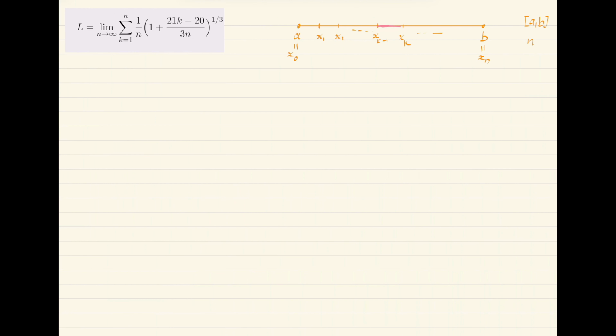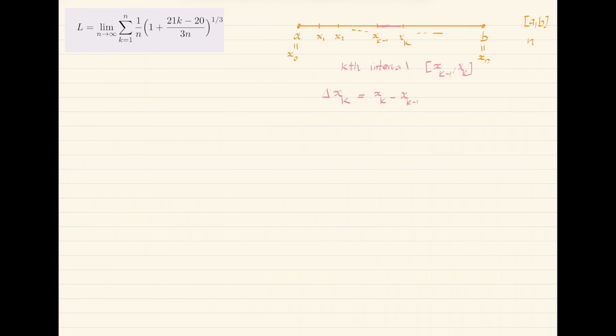So the kth interval is actually the closed interval from x(k minus 1) to xk. Okay, and of course we know that the length of this kth interval is denoted by delta x sub k, and it is simply xk minus x(k minus 1).